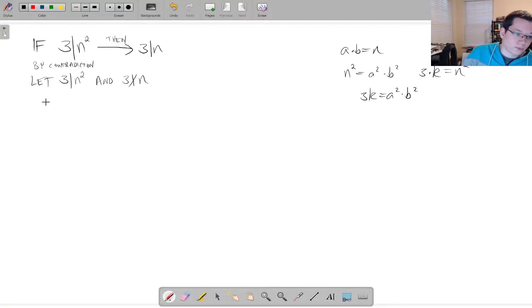So 3 divides n squared implies that there exists a k in the integers such that 3 times k equals n squared.